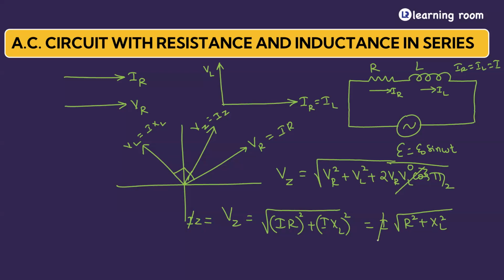Z will be equal to root of R square plus XL square. Right? And what is this term Z called as? Z is called as the impedance. Okay, impedance is like the equivalent resistance that is formed due to the combination of resistive and reactive elements.